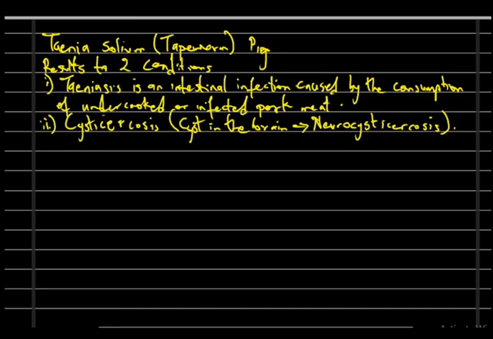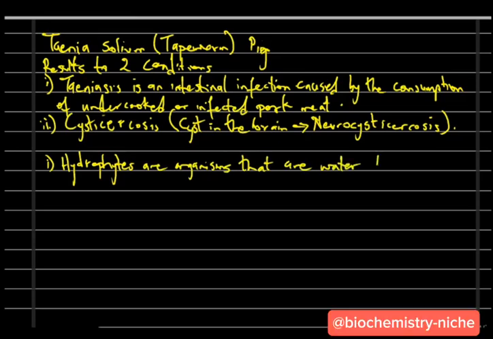We have the hydrophytes. Hydrophytes are organisms that are water loving. Organisms that are water loving, those are the hydrophytes. We have the second set of organisms, which are the mesophytes.